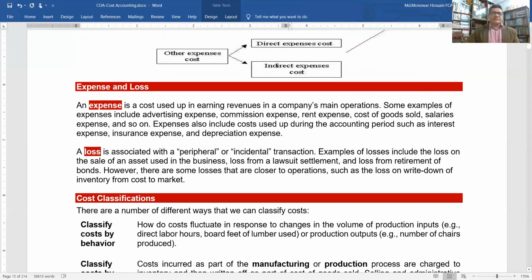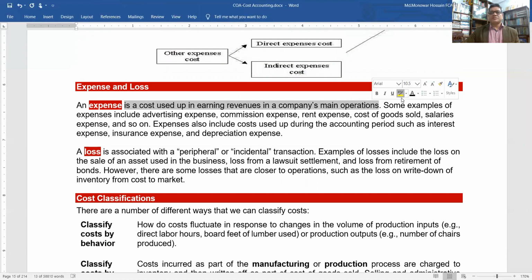So expense is a cost used up in earning revenue in a company's main operation, but loss is associated with incidental transactions.